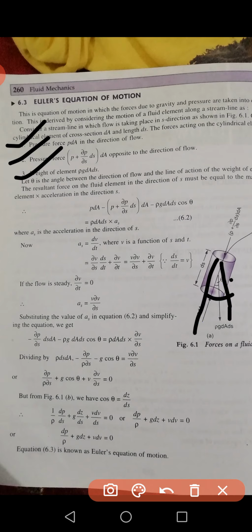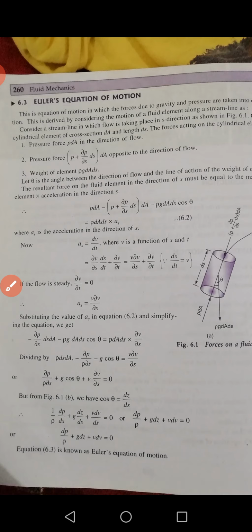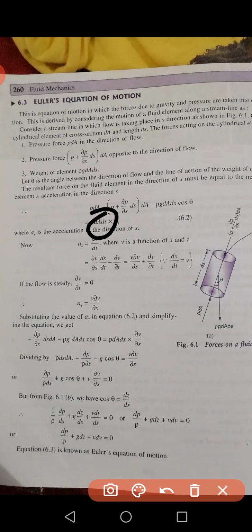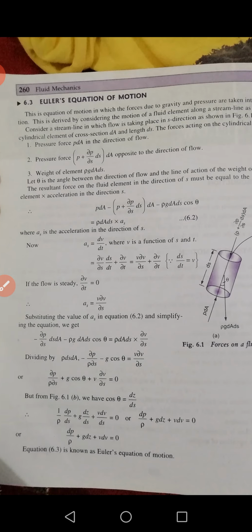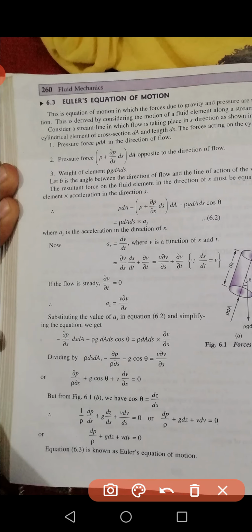Here this is theta, so the resultant force will be equal to the force acting on the fluid, and it will be equal to m into a, where m is given by rho dA ds, into the acceleration as in the direction s. So these are the three forces that we have considered here, as described earlier.